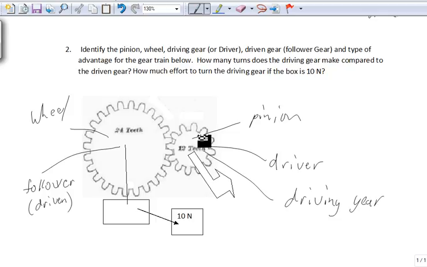Number of teeth we already have, so let's talk about turns. So let's take our speed ratio. So 12 teeth in the driver gear divided by 24 teeth.